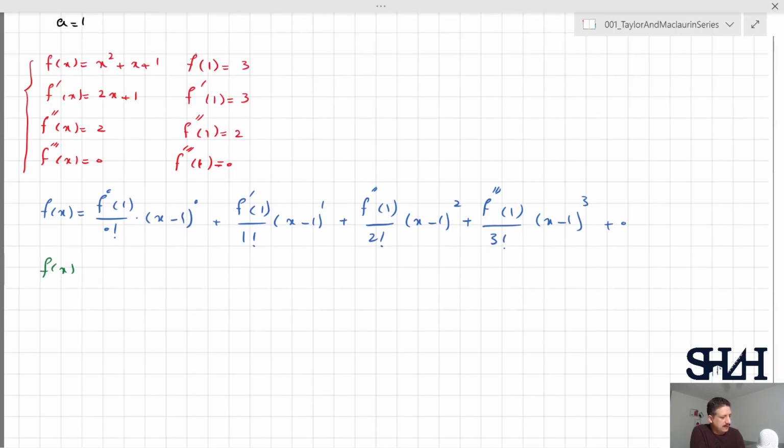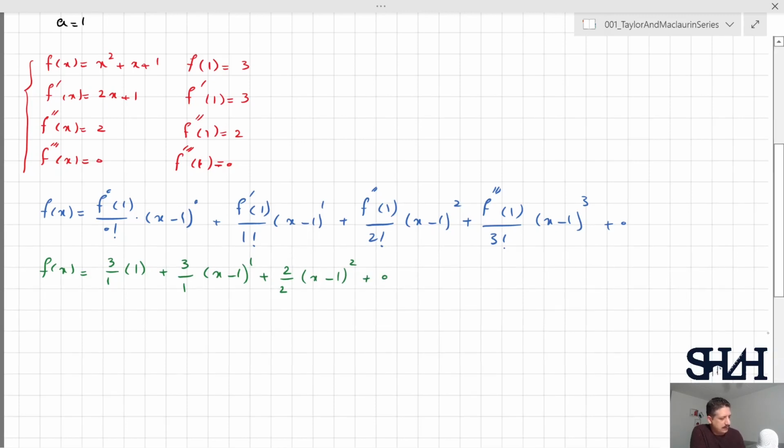So f(x) can be written as 3 divided by 1, times (x minus 1) to the power 0, which is 1, plus f prime, which is 3 divided by 1, times (x minus 1), plus 2 divided by 2 factorial, which is 2, times (x minus 1) squared, and the third one will be 0.